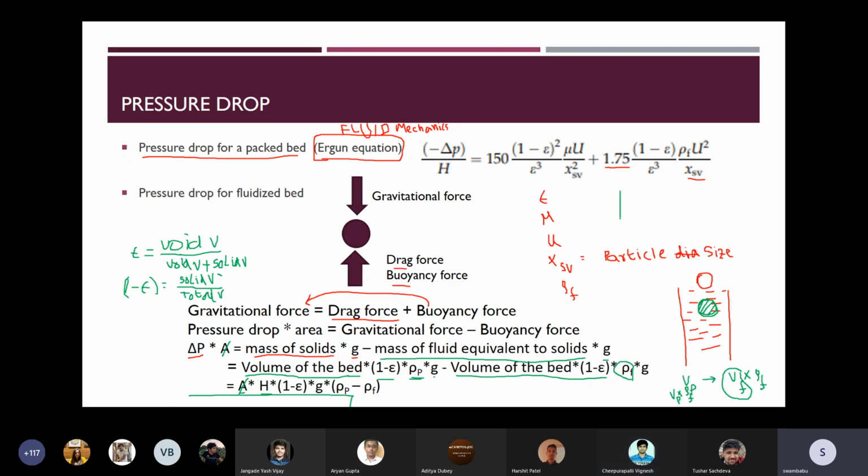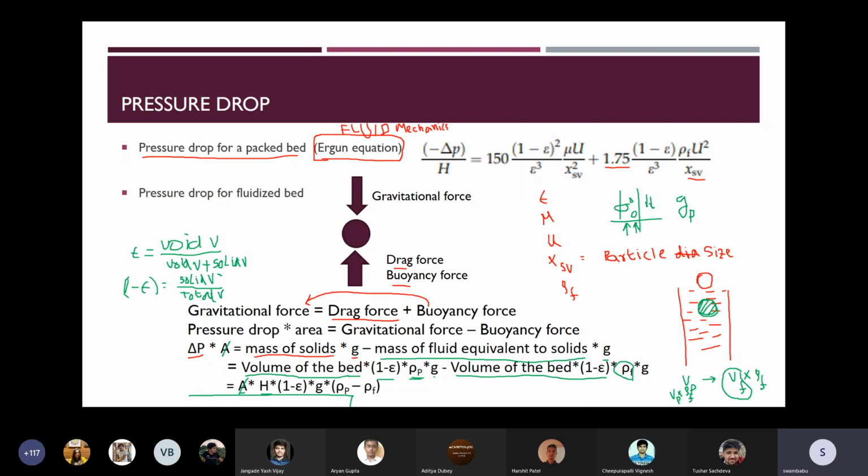So this is the fluidized bed, the particles are rotating, and the fluid is moving upward while the solids move downward. The fluid offers a gravitational force and the particles also offer a gravitational force, but compared to the gravitational force of the particles, the fluid's gravitational force is very minimal.